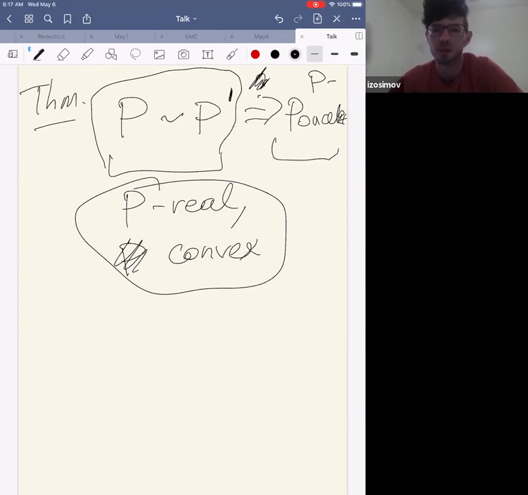So this can be viewed basically as another definition of Poncelet. Instead of requiring that there is a circumscribed conic and inscribed conic, we can say that it's the same as being projectively equivalent to this diagonal polygon, but provided that it's real and convex.